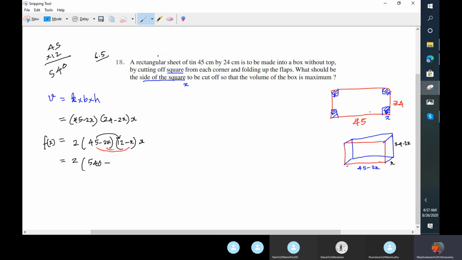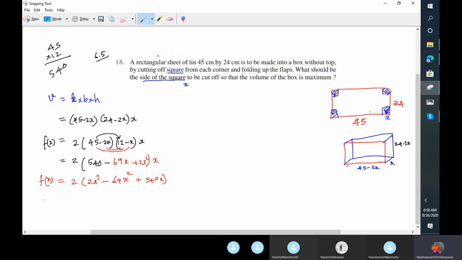Minus 45 and minus 24, so minus 69x. Then x squared: minus 2x times minus x becomes plus 2x squared, into x. Now multiply the x inside and reorder: 2x cube minus 69x square plus 540x. This is your f of x.